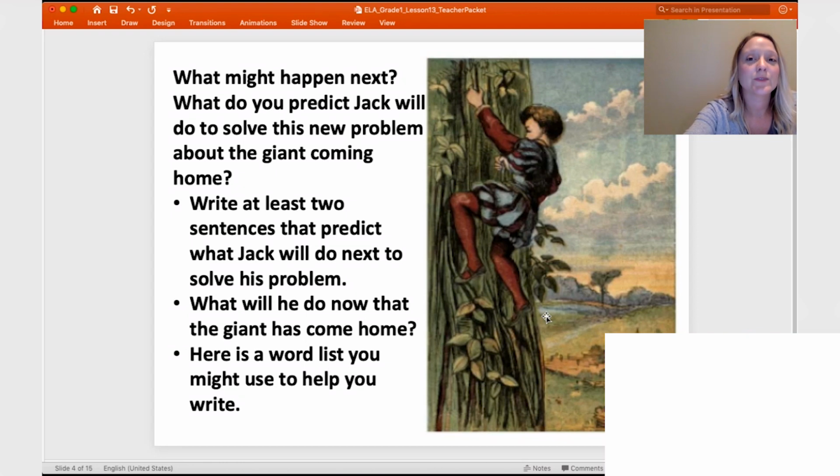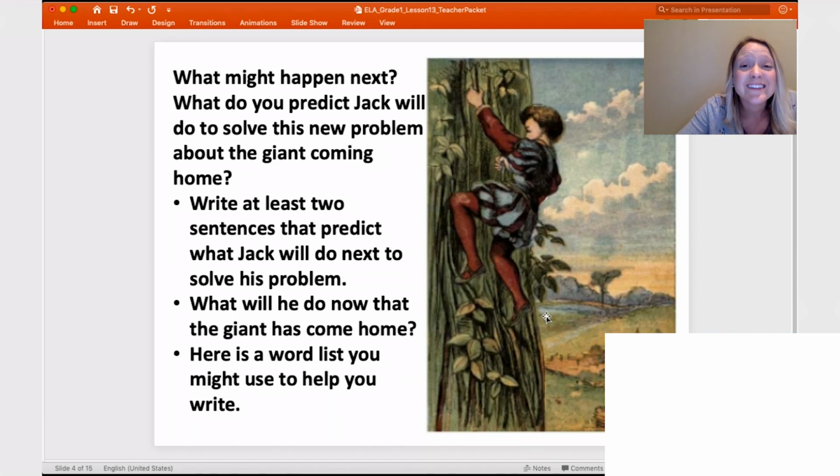Today our goal is to describe our characters using key details in our text, using important information from our story. We're going to begin with me showing you what that looks like. Then there's going to be time for you to practice on your own with my help.